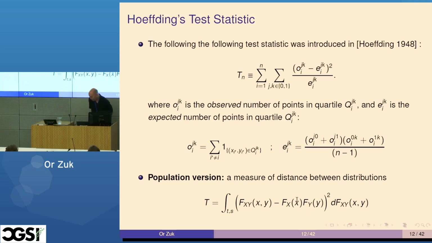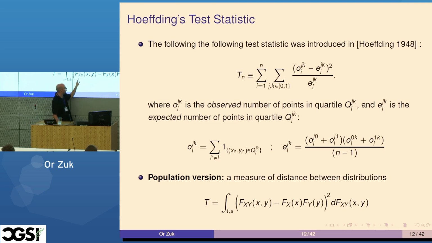So just like we approximate the expectation by the sample average, we can approximate this integral by this statistic. And if you look at this integral, it actually tells you something about dependence. It's some distance between the product of the marginals and the joint, right? And clearly, this is 0 if they are independent.